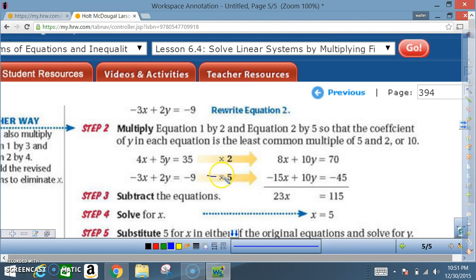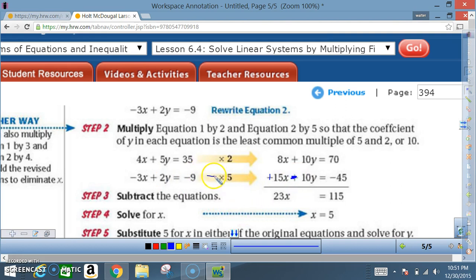We're going to do 2 steps in one here. I'll explain in a few seconds. So we're going to multiply here by negative 5. So negative 5 times a negative 3x will give you a positive 15x. Negative 5 times a positive 2y will give you a negative 10y.